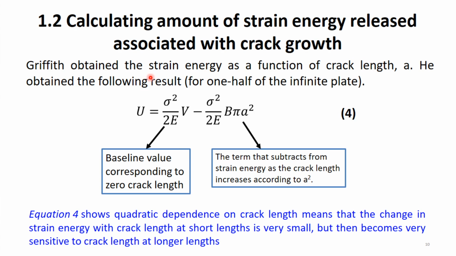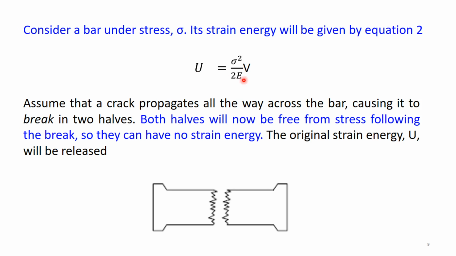Griffith obtained the strain energy as a function of crack length A. He obtained the following result for one half of the infinite plate as equation 4, which is U equal to sigma square over 2E into V, which is already demonstrated for this bar.